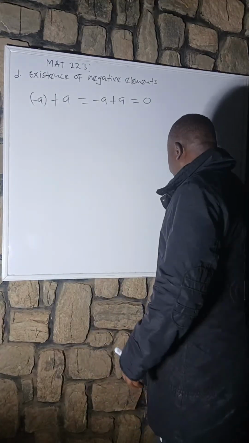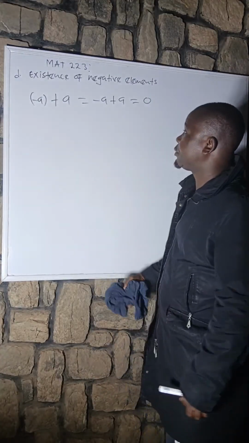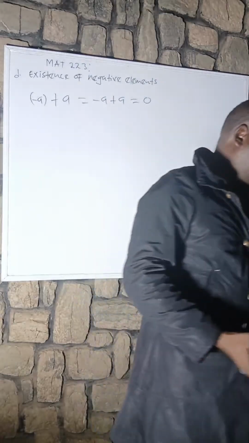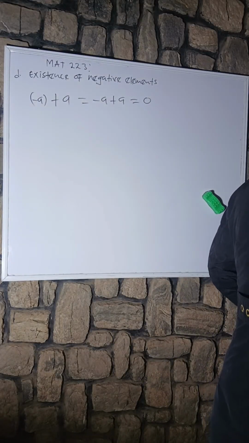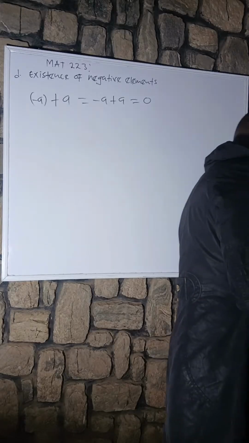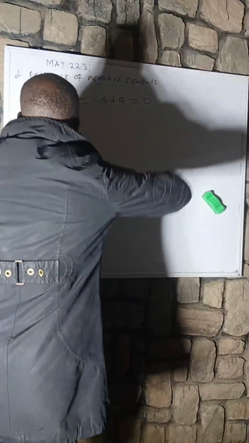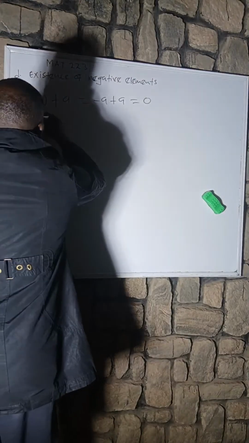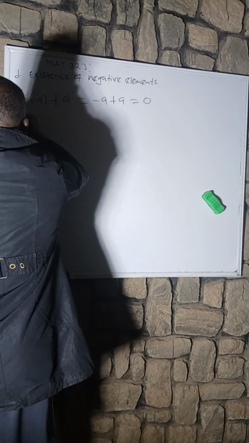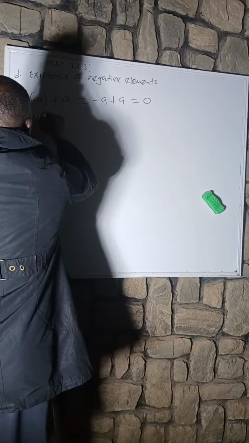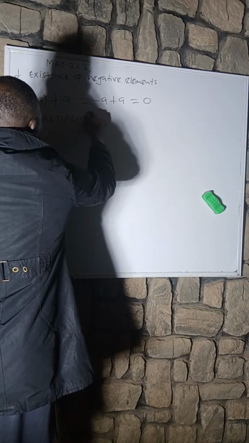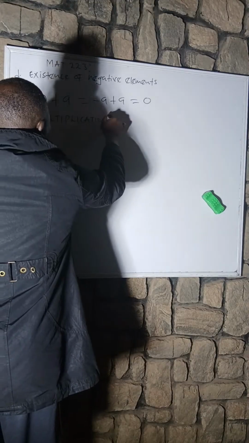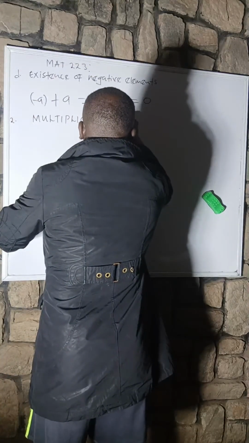Let us consider multiplication properties. That is 2, right? Multiplication property.